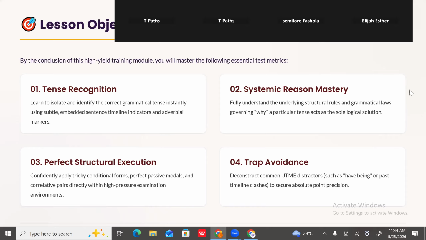The third one is to perfect structural execution: confidently apply tricky conditional forms, perfect passive modals, and correlative pairs directly within high pressure examination environments. Trap avoidance: deconstruct common UTME distractors such as have been, past timeline clashes to secure absolute point precision.